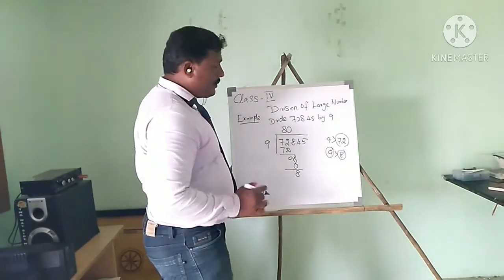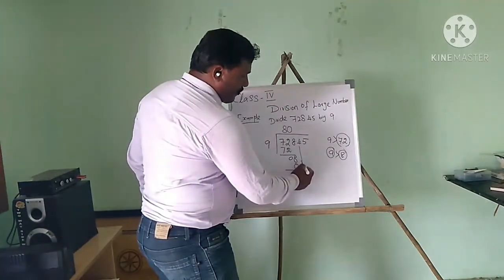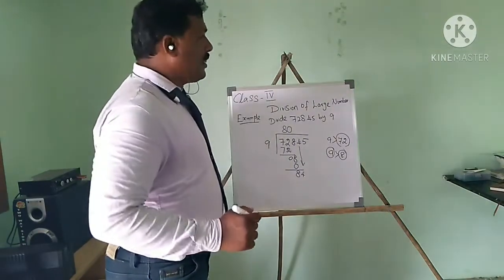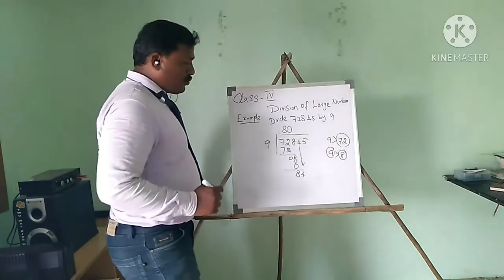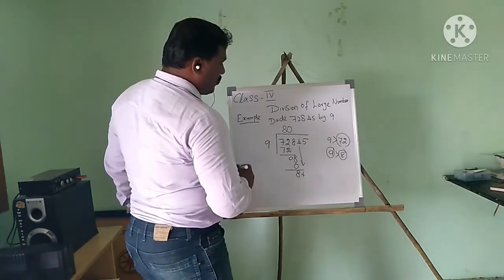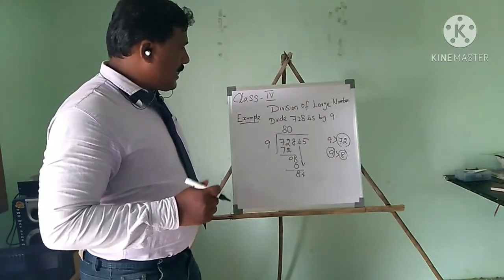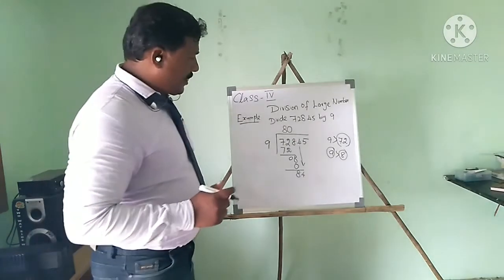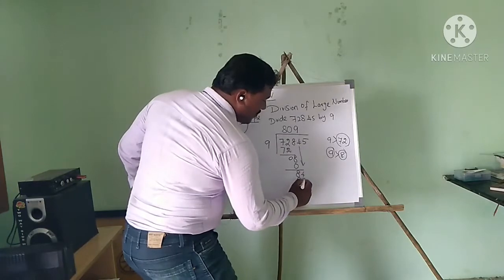Now the remaining number 4 is there, so I will take down 4. Now we have 84. I want to use the 9 table up to 84. 9 8s are 72, and after that 9 9s are 81.